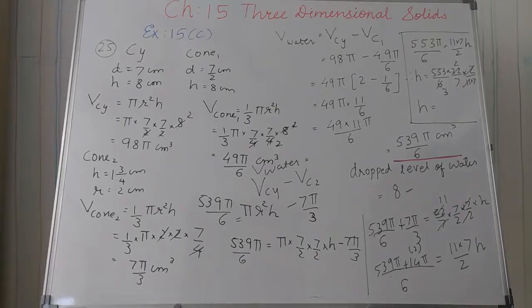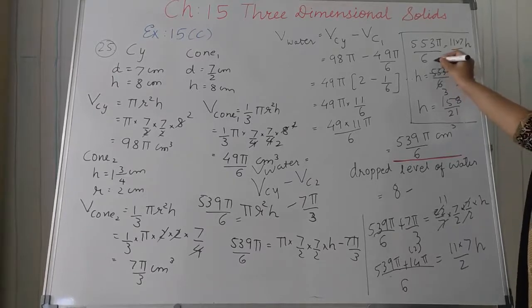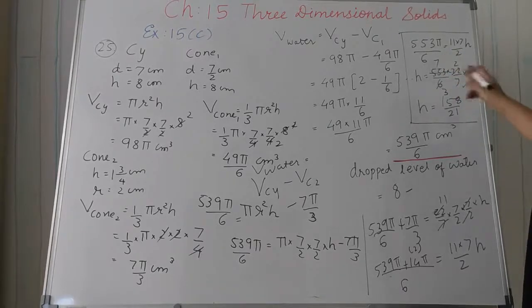So by calculation h is equal to 158 upon 21. You can cut this 553 by 7. So here 7 7s are 49, 49 and 1, so 63. Okay, 79. 79 2s are 158 and 7 3s are 21.